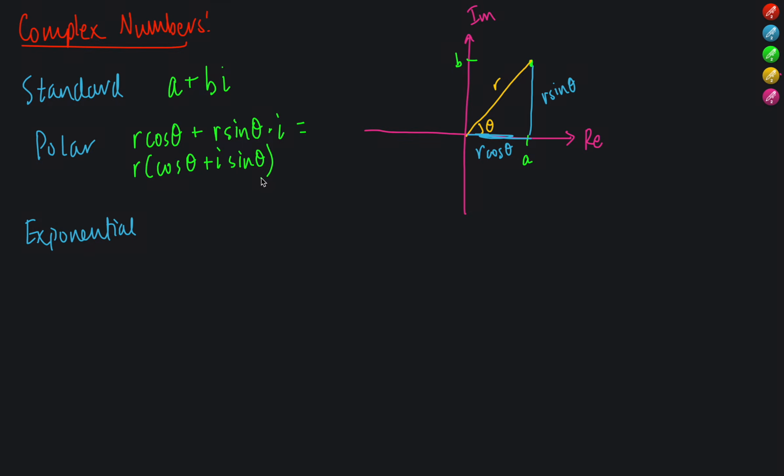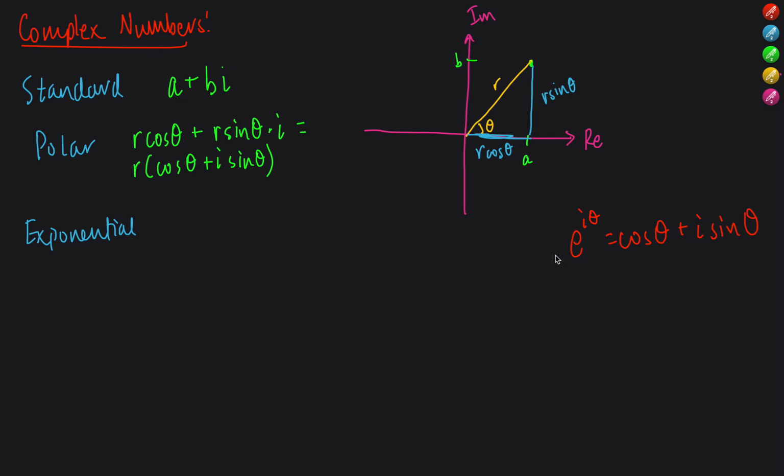Now the really important one is the exponential form. It uses an identity called Euler's identity, which says that e to the i theta is cosine of theta plus i sine of theta. For now, take this for granted.